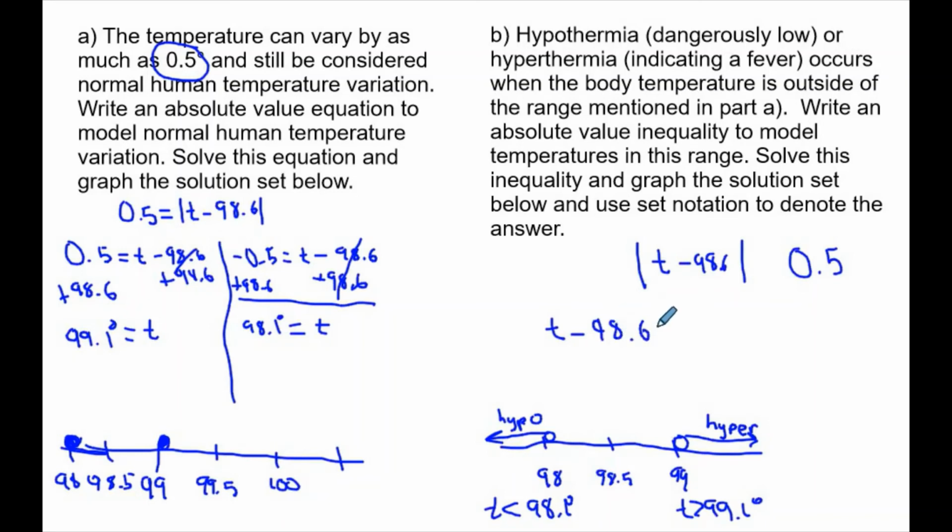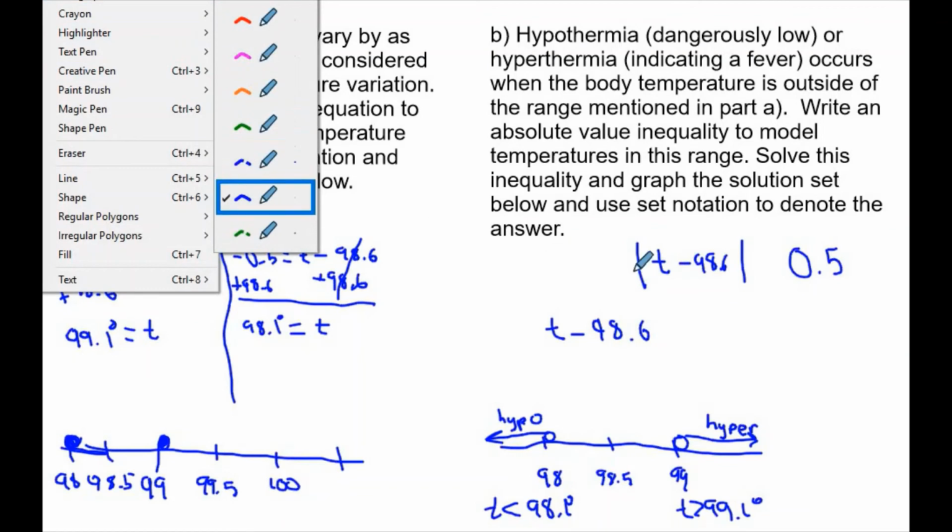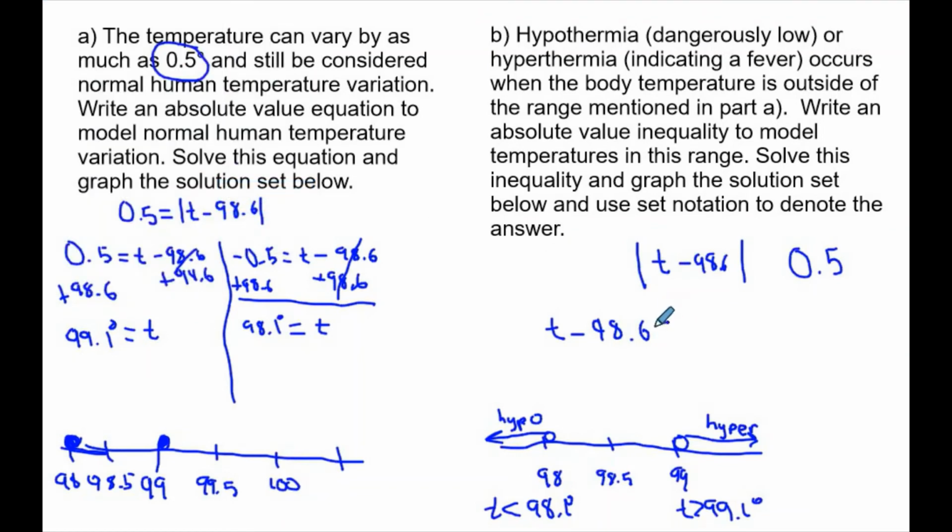And remember, we want to make sure that when we add this and get 99.1, that it is greater than this. So I guess the question is if we start off that way, will that in fact give us the right inequality? So let's just start off by saying greater than, because we know that from the graph, 0.5.